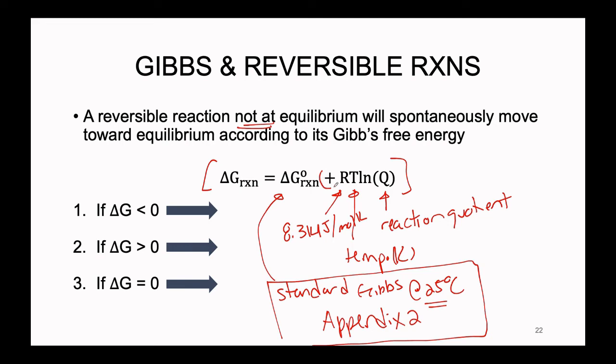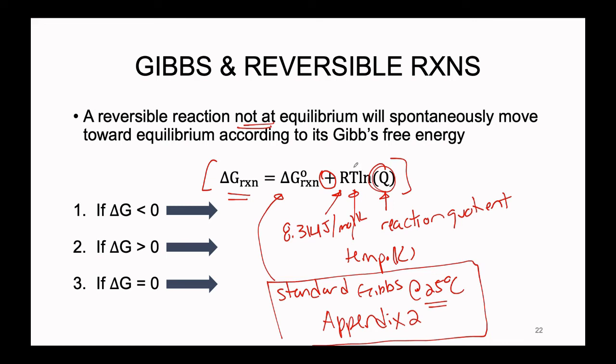Now this additional piece, this RT natural log Q, tells us the balance of product to reactant, what that ratio is, and what the weight of it is. That's what this RT stands for. The balance between our Gibbs free energy calculation and this component on the right-hand side, this modifier based on initial conditions, will tell us this new Gibbs free energy that's not necessarily at standard conditions.